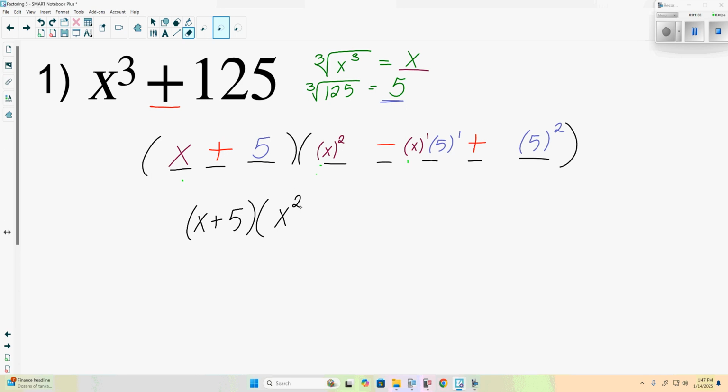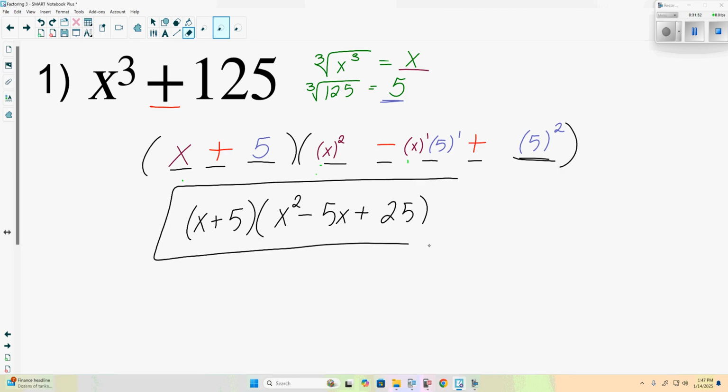If it was 2x, we'd have to square both terms. In the middle, minus x times 5 is 5x, plus 5 squared. And that's it.